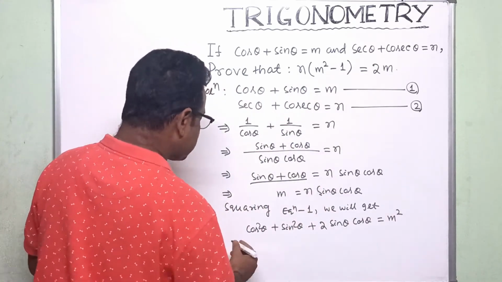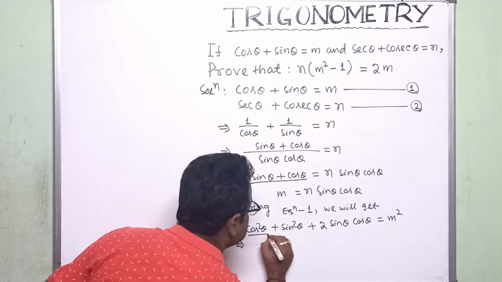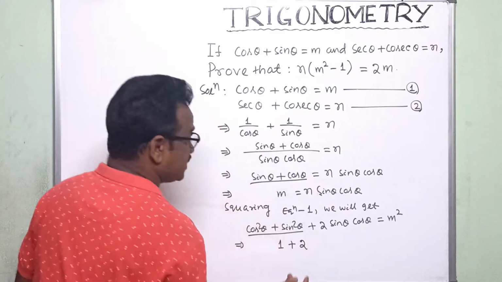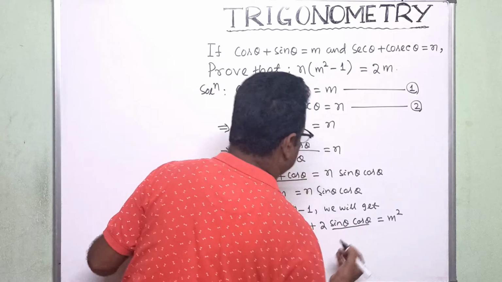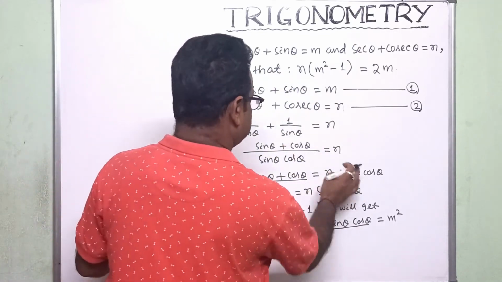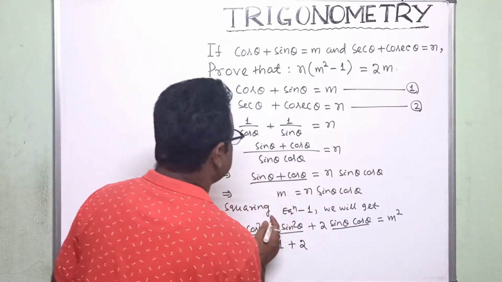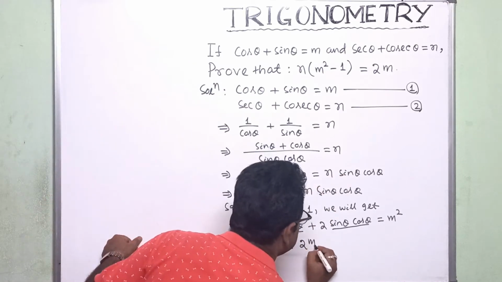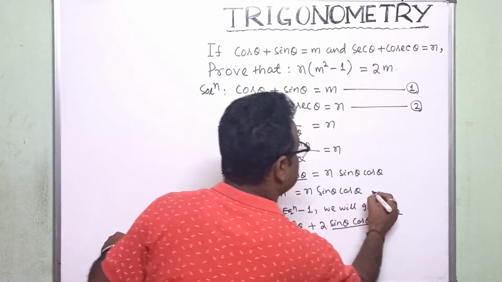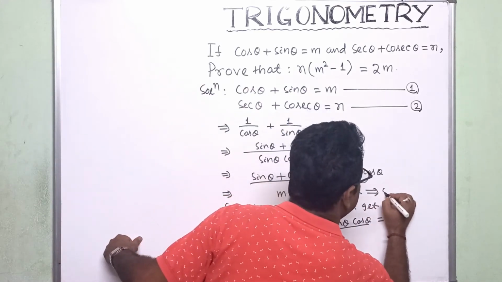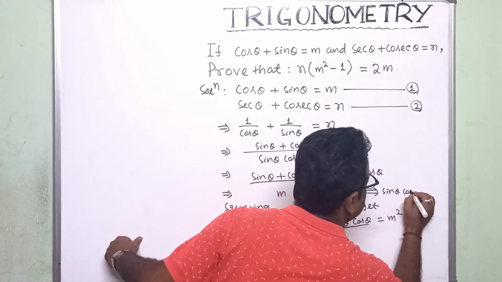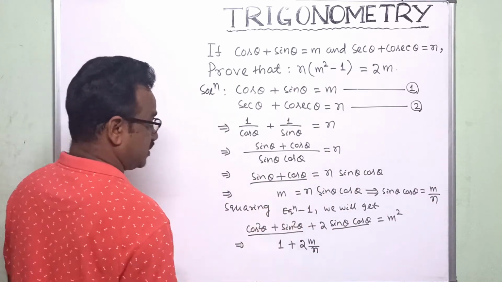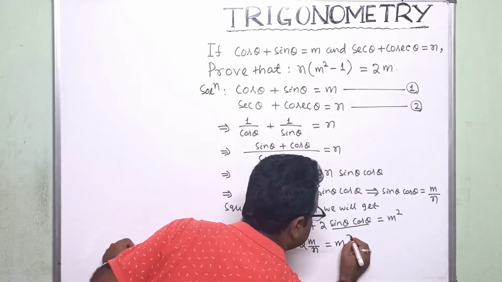That implies sin square theta plus cos square theta is 1, plus 2 sin theta cos theta. Sin theta cos theta is equal to m by n, from this equation, is equal to m square.